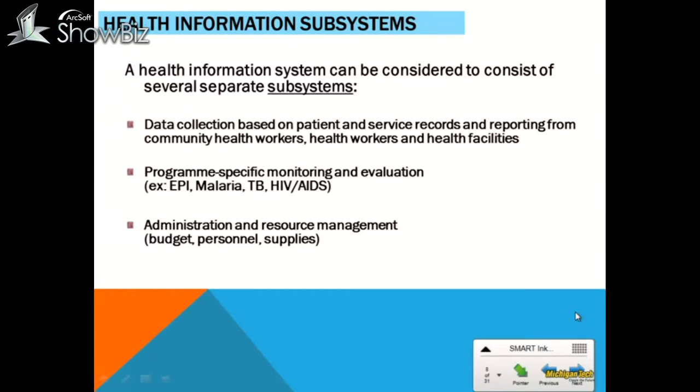The second one is program-specific monitoring and evaluation. Why this one? Because HIV and AIDS is a very serious disease. Sometimes we can use health information to monitor this kind of situation.